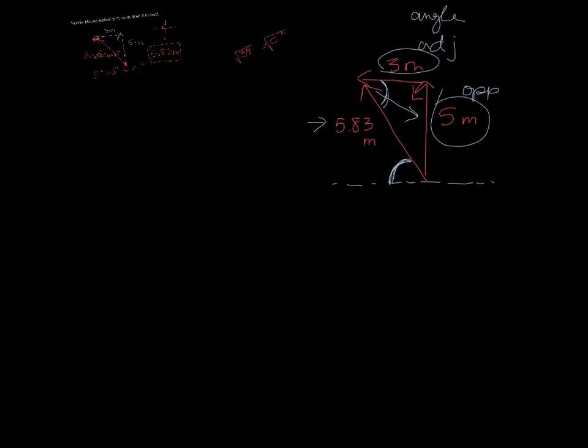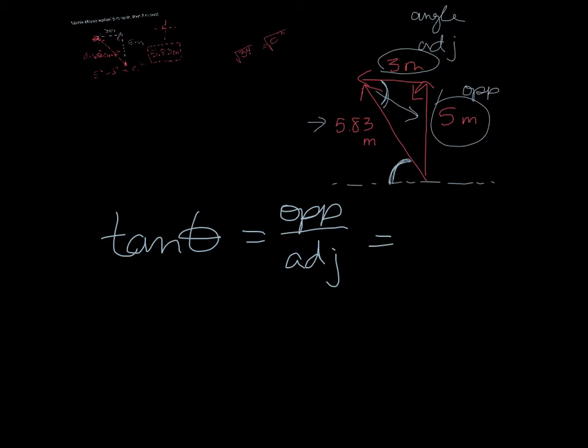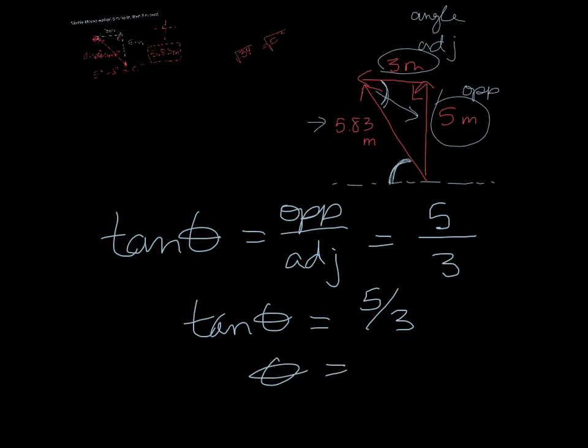So what we're going to say is the tangent of the angle is equal to our opposite over our adjacent, which is opposite's 5, and our adjacent is 3. So we have the tangent of theta, theta means angle, is equal to 5/3. To get rid of the tangent, we're going to take the inverse tangent of 5/3.